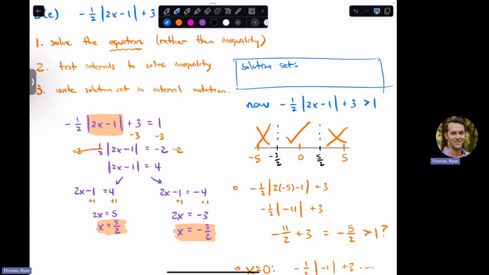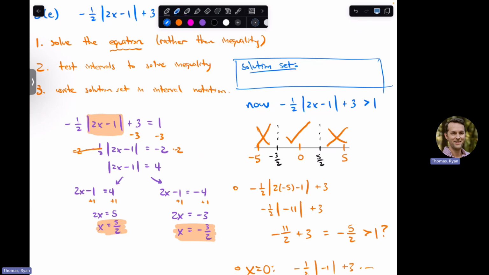So what's the solution set to this inequality? Where's it true? Oh, I'm tripping. You're right. Not true out here to the left of negative 3/2, right?